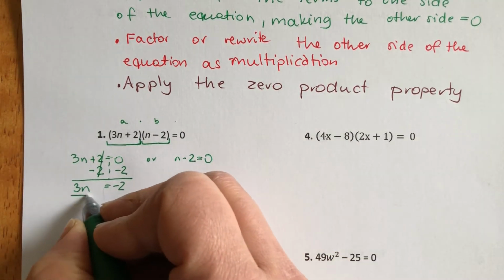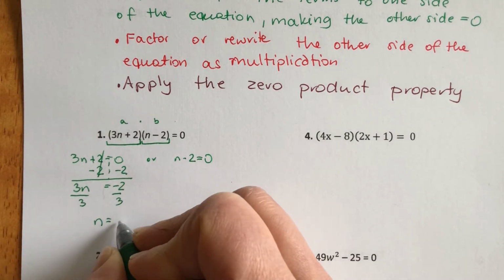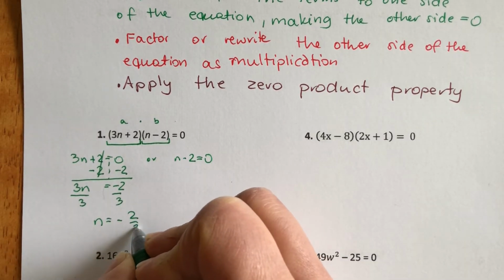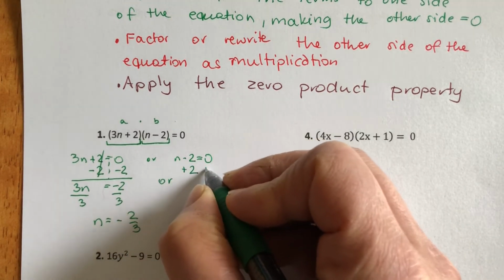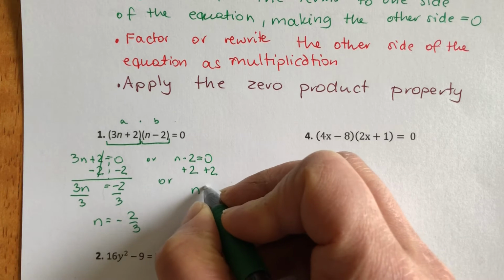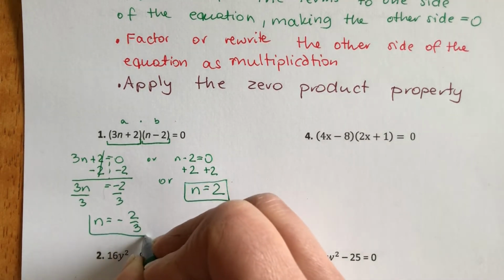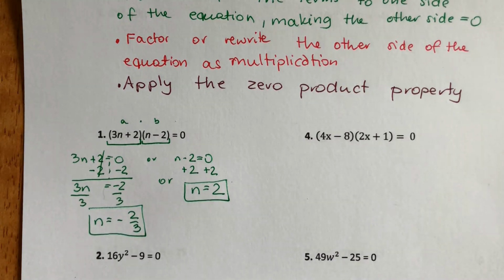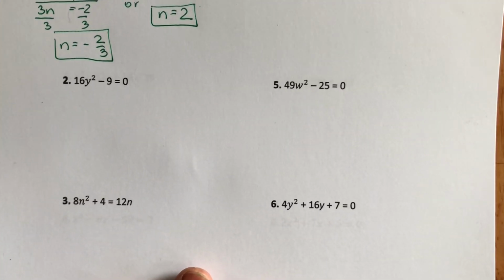And now I will divide both sides by 3. So n is equivalent to negative 2/3. Or I will add a 2 to both sides. n is equivalent to 2. Those are my 2 solutions. If you take those numbers and plug them back into our original equation, you are going to get a true statement.